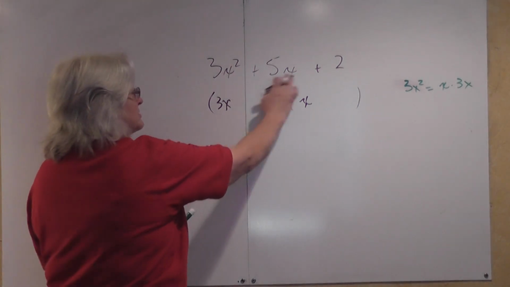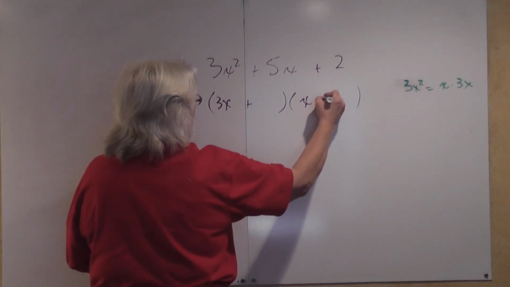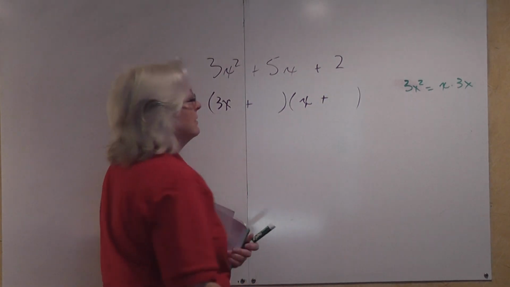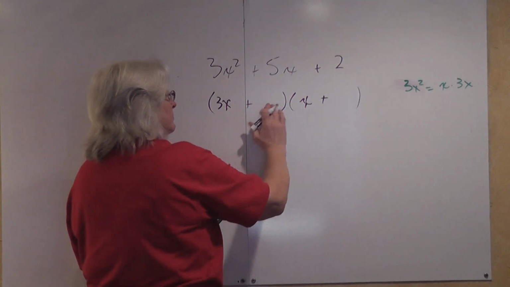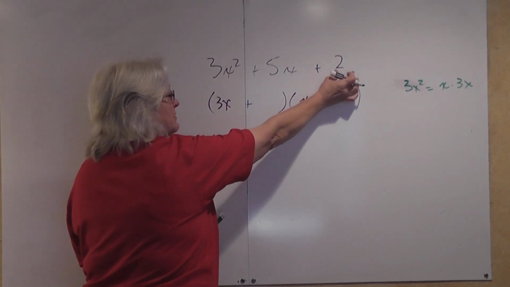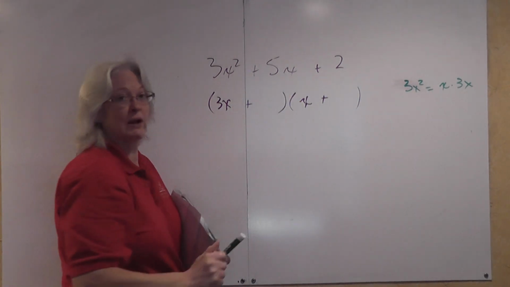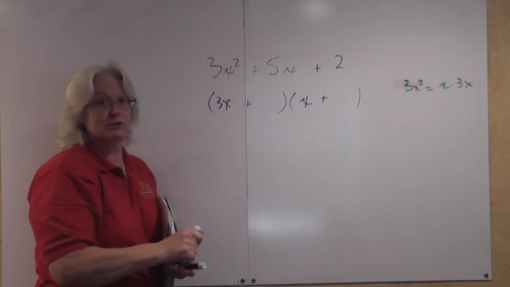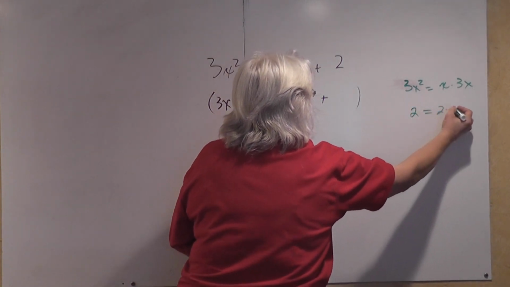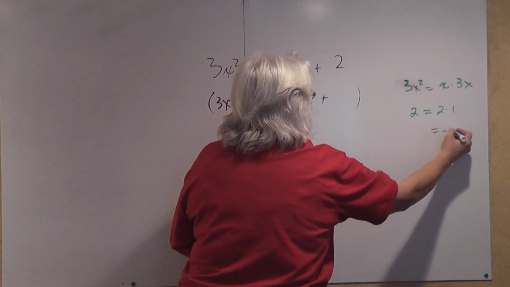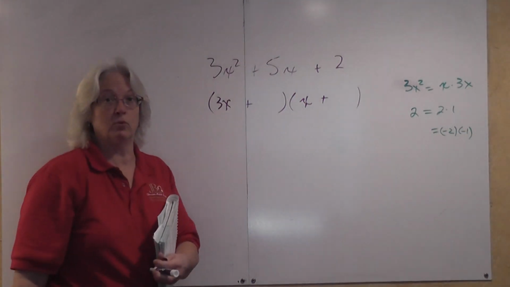Now, we know that our signs are positive. We've learned that before. If you don't remember that, look at some earlier videos. And what's going to be the last term? What's going to be the factored form of this third term in our trinomial? And how do you factor 2? Well, they're starting us with a really easy thing. 2 can either be 2 times 1, or it can be negative 2 times a negative 1.